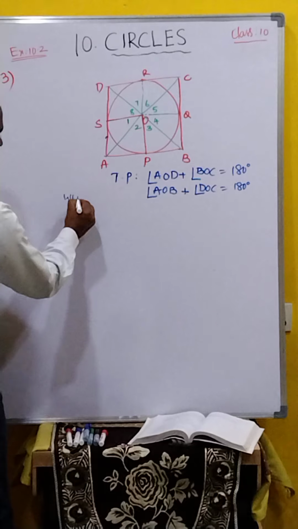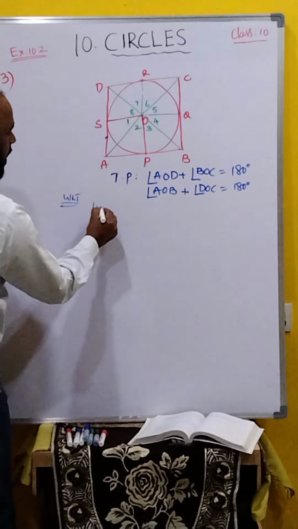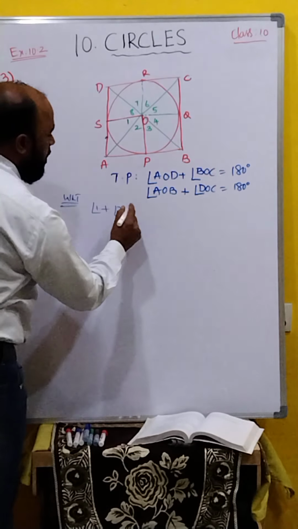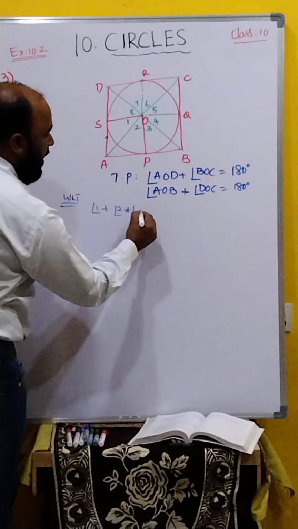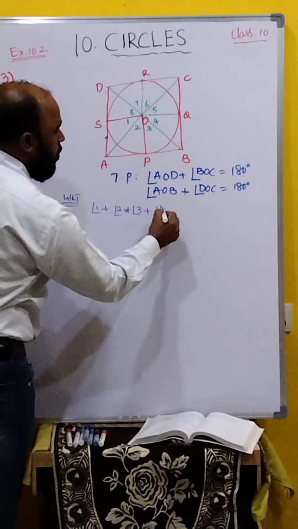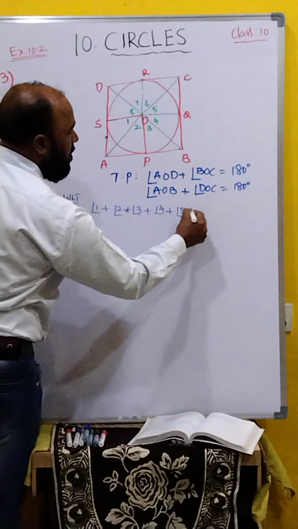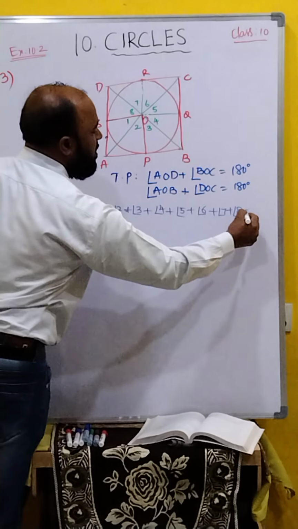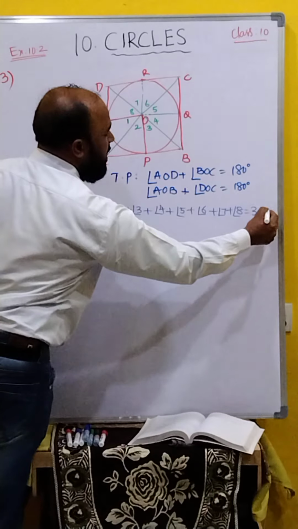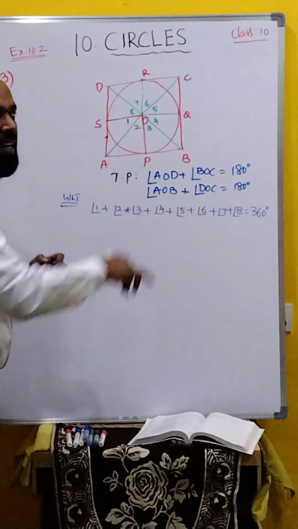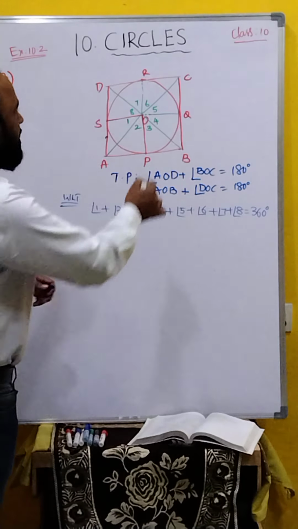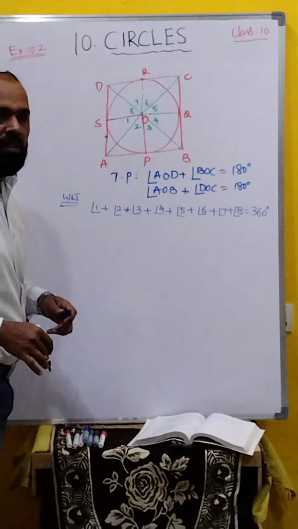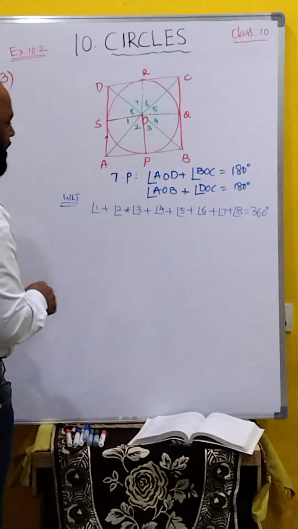We know that angle 1 plus angle 2 plus angle 3 plus angle 4 plus angle 5 plus angle 6 plus angle 7 plus angle 8 is equal to 360 degrees. It is a complete angle, like a circle. The sum of all 8 is equal to 360 degrees.